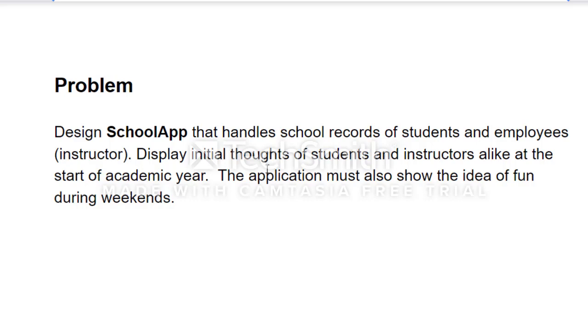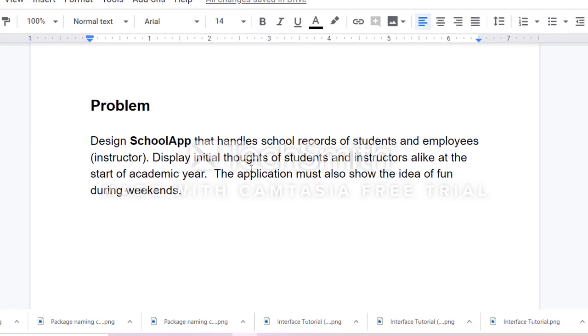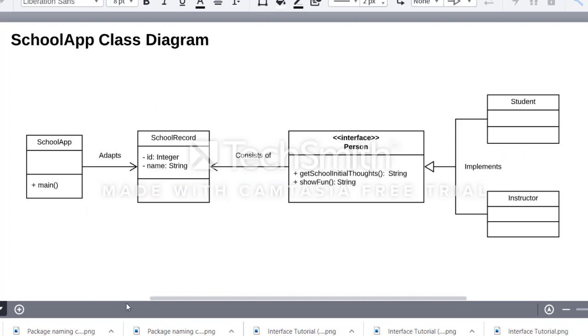So the idea here is they have two identical methods, but they perform differently when executed. This would be my concept of how we're going to execute our application.